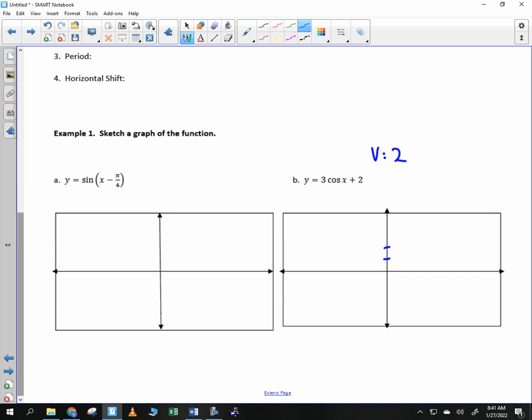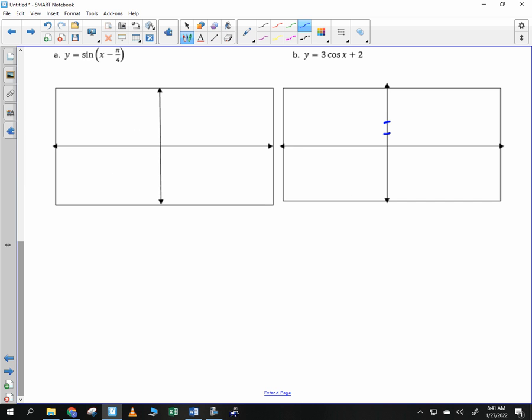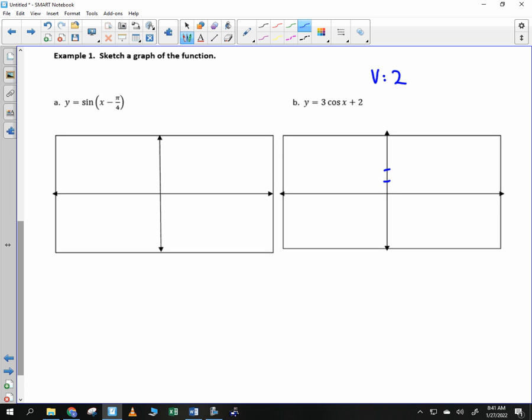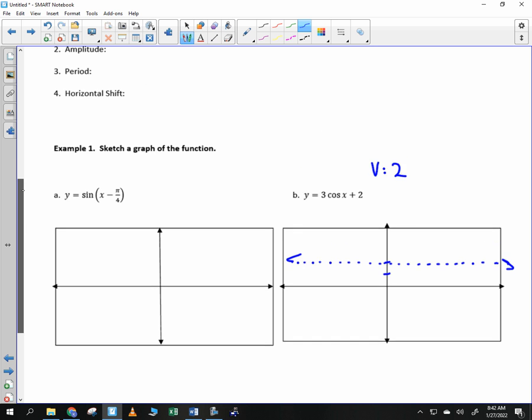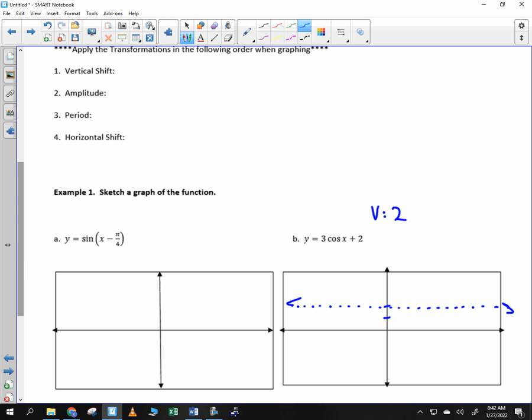So I'm going to move it up 2, and I'm actually going to draw kind of an imaginary axis here that it kind of rotates on. So my vertical shift, I draw the imaginary axis. Have I lost anybody yet?